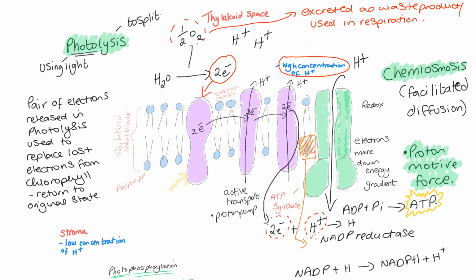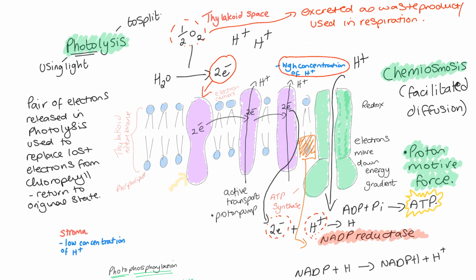When they are released in the stroma, they combine with a pair of protons released from the electron transport chain and form a hydrogen atom which reduces NADP, nicotinamide adenine dinucleotide phosphate, a coenzyme involved in the photosynthesis reactions. This is catalyzed by the enzyme NADP reductase.